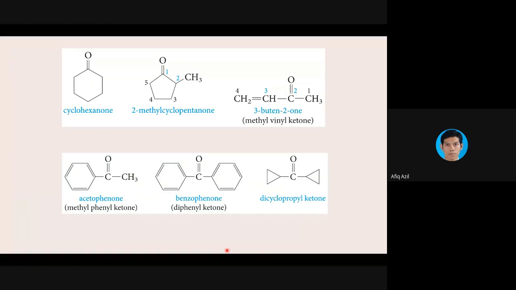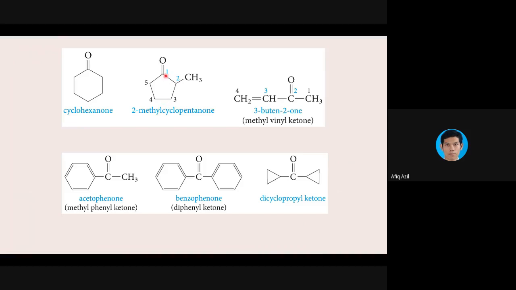So other examples for ketones in a cyclic structure. Okay, if it is in a cyclic structure, here we have cyclohexane. From cyclohexane, it will become cyclohexanone.